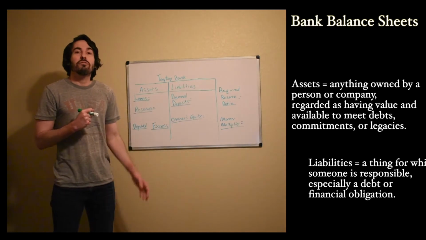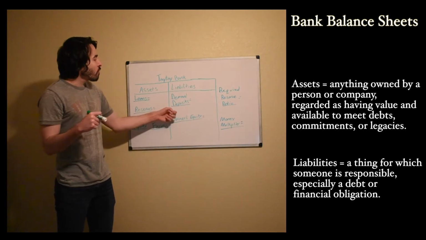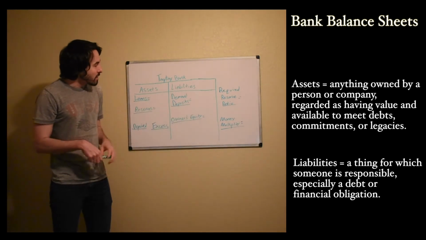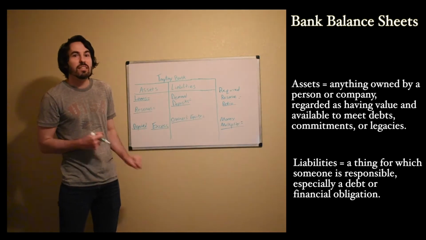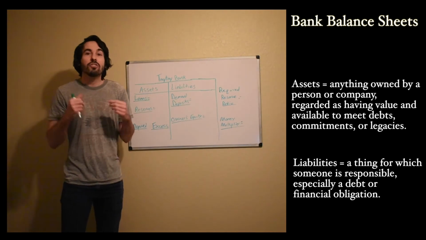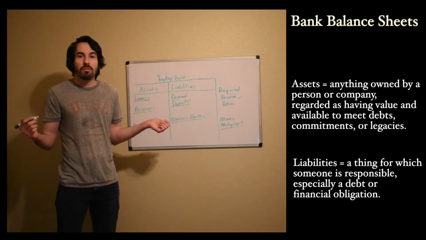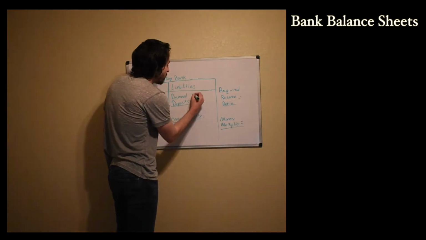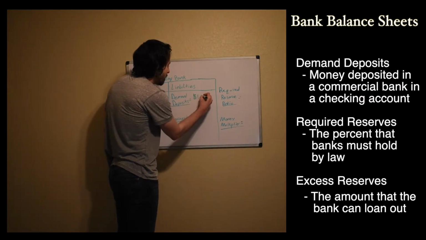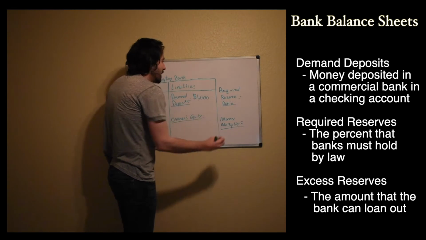Liabilities are things that you have to pay people back for. So for a bank, demand deposits, aka people's checking accounts, are going to be liabilities that this bank has to pay back to the owners of that money whenever they come asking for it. Let's say that right now we have $1,000 in demand deposits in Tay Bank.